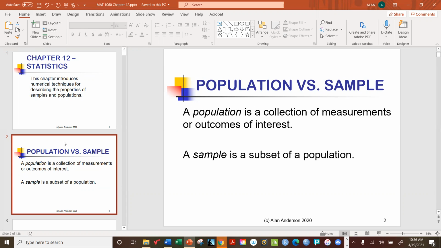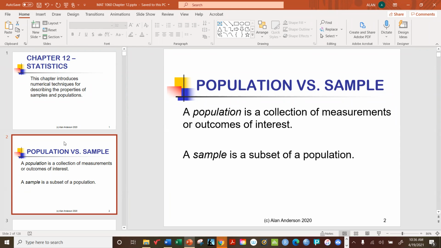So a population is typically very large, and it could be very difficult to analyze every element of a population. So most of the time, we don't actually use the entire population. Instead, we draw samples from that population that we hope reflect the actual properties of that population. So that saves us a lot of time and effort, and maybe a lot of money too, for that matter.